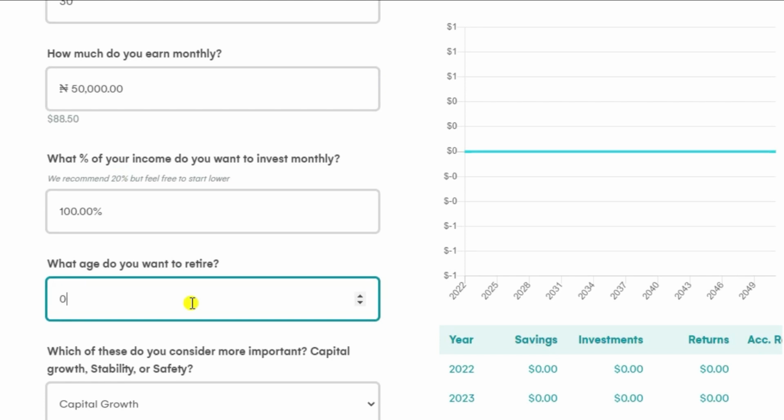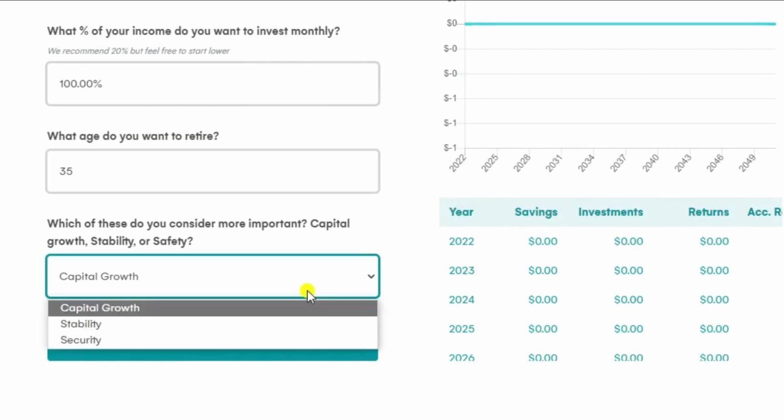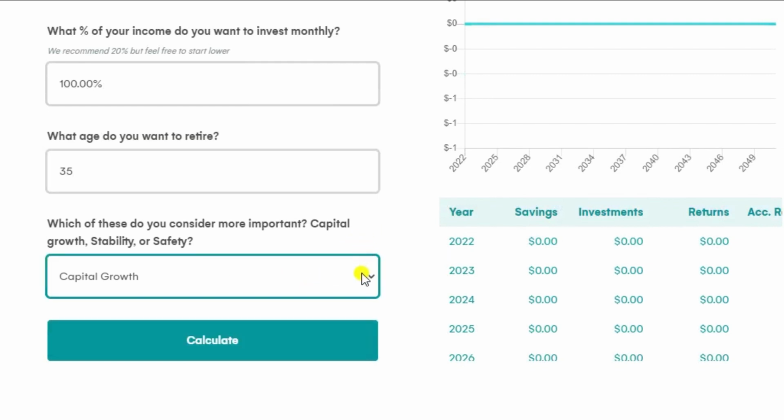Let me say I want to clear this investment in maybe 5 years time. So I'll just put my retirement to be like 35, which is in 5 years time. Another important part that I would like to talk about is your choice of portfolio, how you want to break down your portfolio.